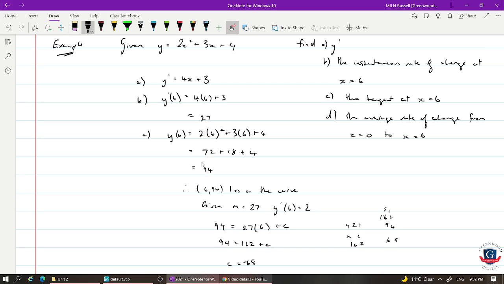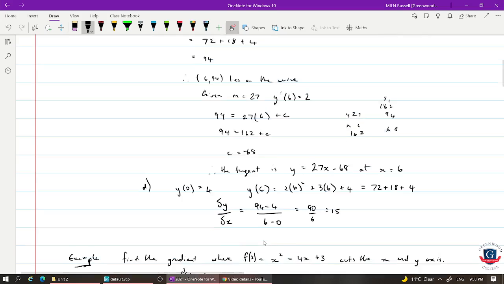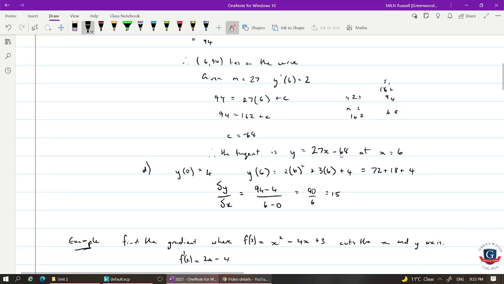So when x is 6, y is 94. We know that 6 and 94 lie on the curve, and the gradient at that point is 27, worked out from here. So substitute 94, 6, and 27 into y equals mx plus c. Solve for c, we get negative 68. The tangent line is y equals 27x take 68 at x equals 6.